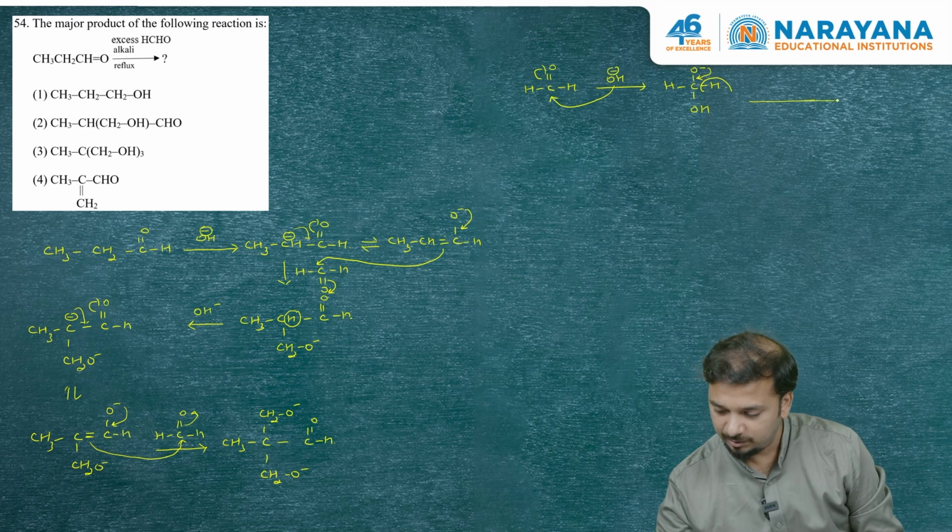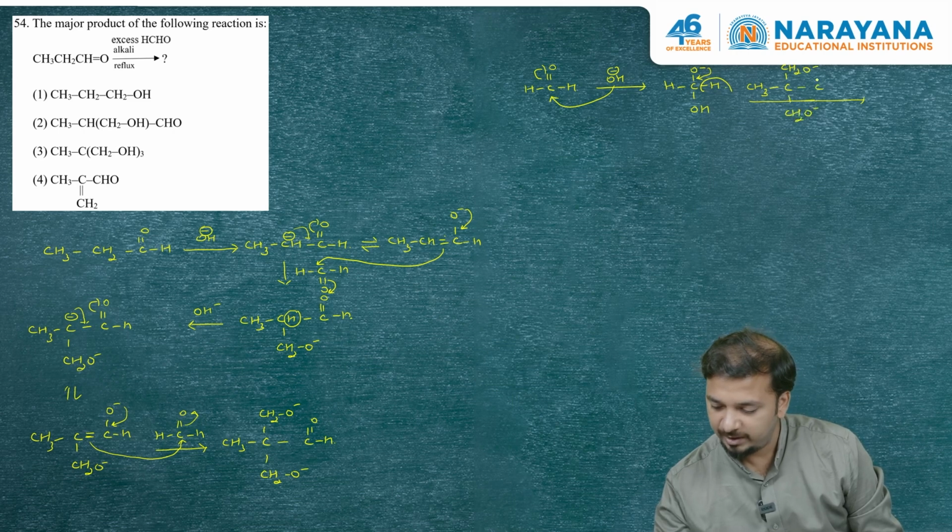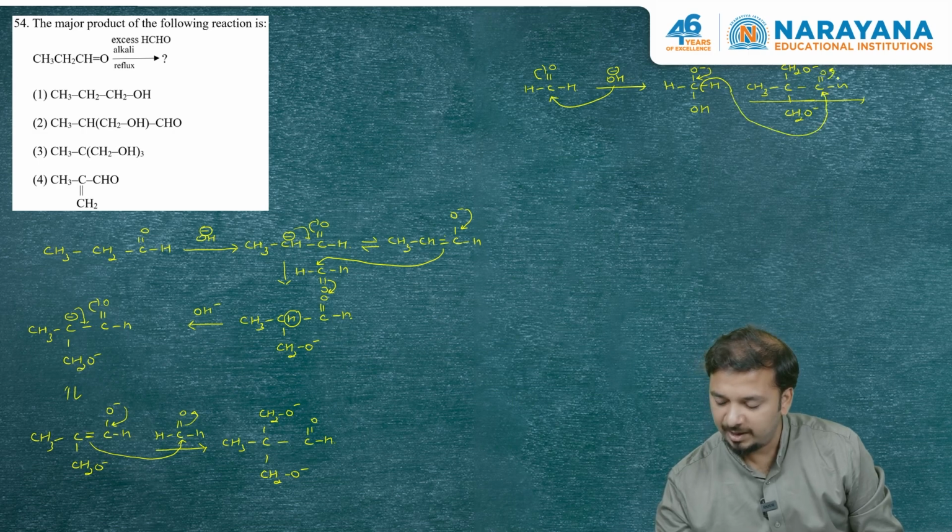attack on the molecule which was formed in the previous case, that is CH3C, CH2O negative, CH2O negative and CHO double bond OH. So this H minus is going to attack on this carbon and pi electron will go to oxygen.